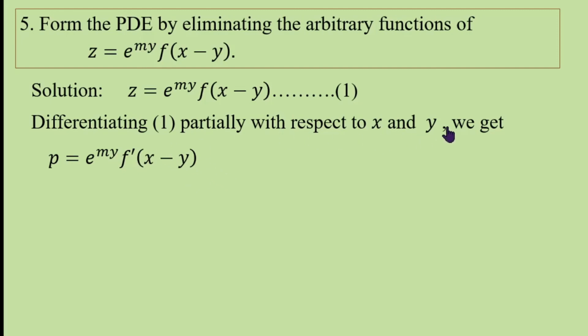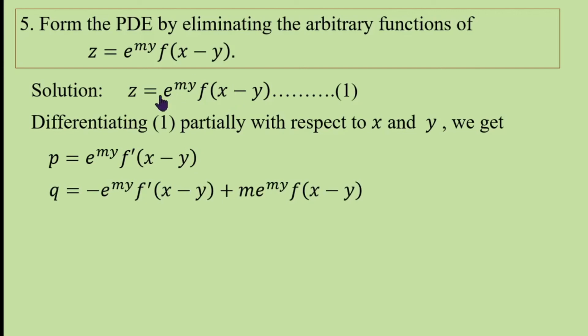And when you differentiate partially with respect to y, q equal to e power my into f of x minus y derivative with respect to y, which is f dash of x minus y into the derivative of x minus y, that is minus 1. So minus f dash of x minus y.